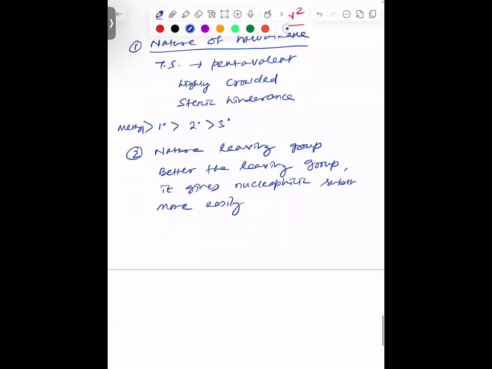There are two reactions, SN1 and SN2, and in both it gives nucleophilic substitution more easily. Okay. So this is nature of the leaving group. Then nature of the nucleophile.